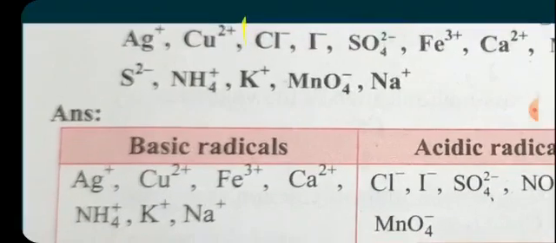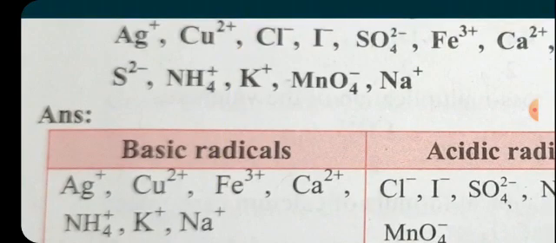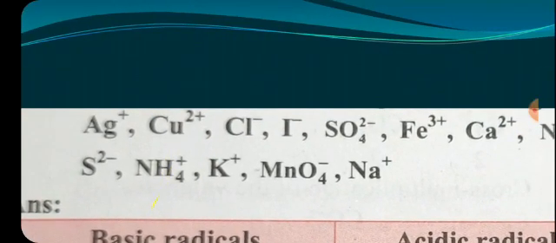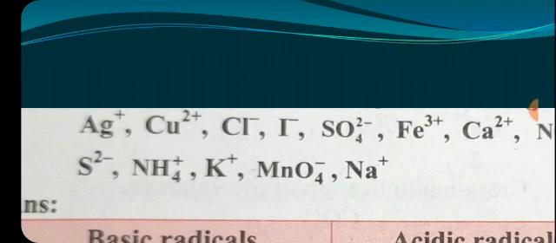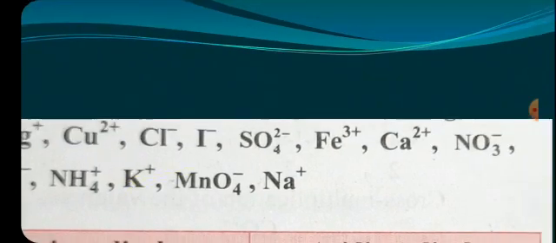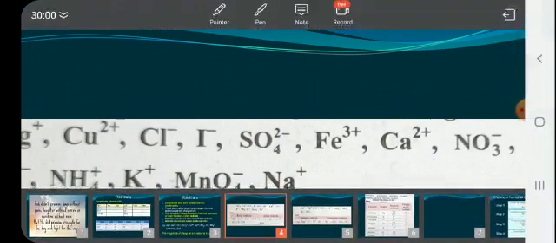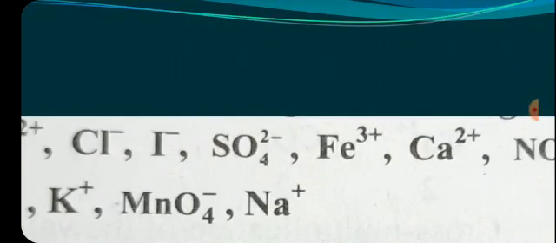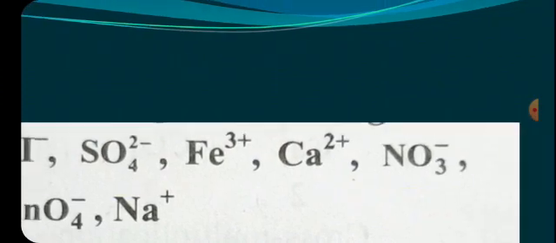Can you identify now basic radical and acidic radical? Silver ion, basic radical. Cu2+, basic. Cl minus, chloride ion, iodide ion, sulfate ion, all are acidic. Ferric ion, basic.